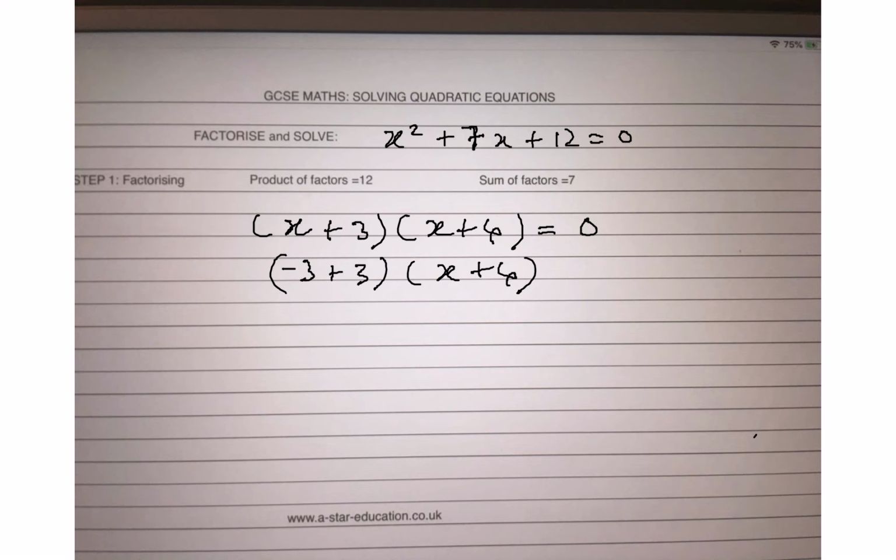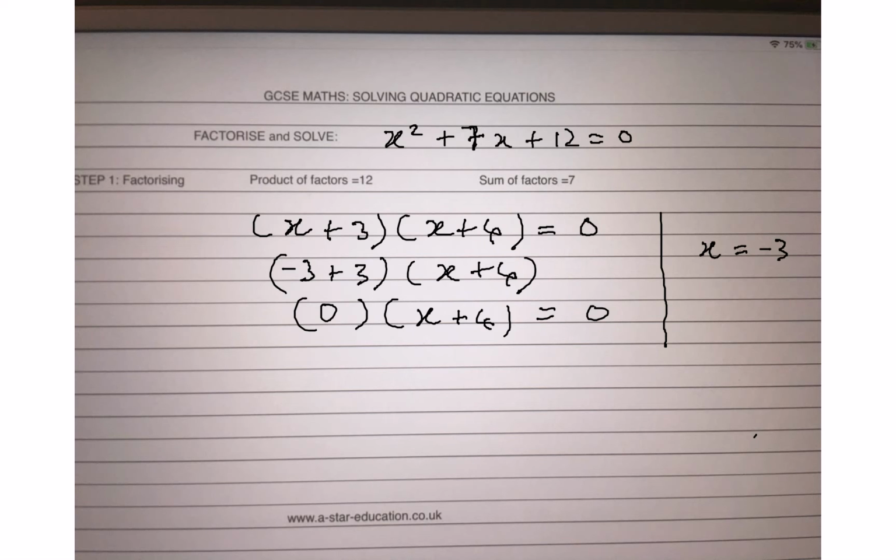So you'll end up with 0 in the bracket, multiplied by the second bracket, which is x plus 4, and 0 times anything will give us 0. So one solution is x equal to minus 3.